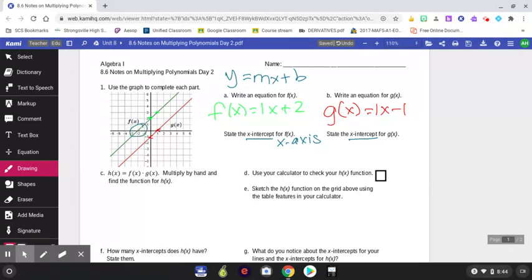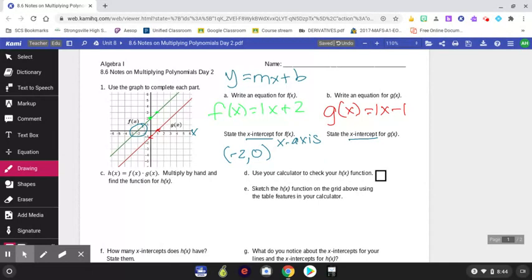I am crossing the x-axis at -2, and I like to write these as ordered pairs. Remember, in an ordered pair, the x comes first, so -2, and then the y value is 0. Remember that for y-intercepts, the x is always 0. For x-intercepts, the y is always 0.